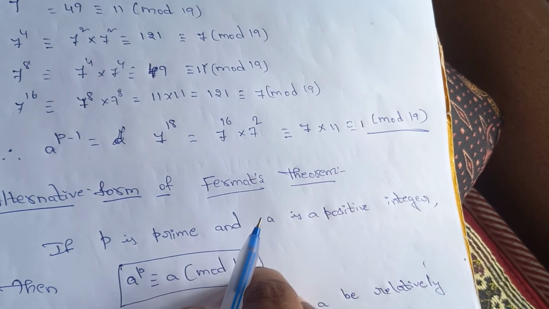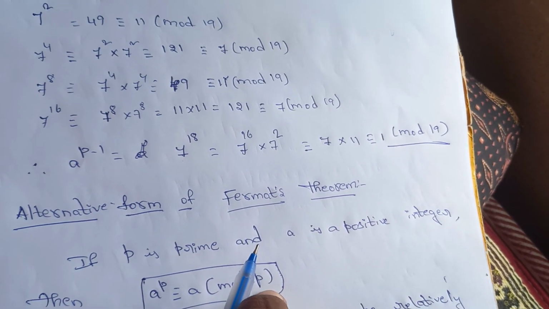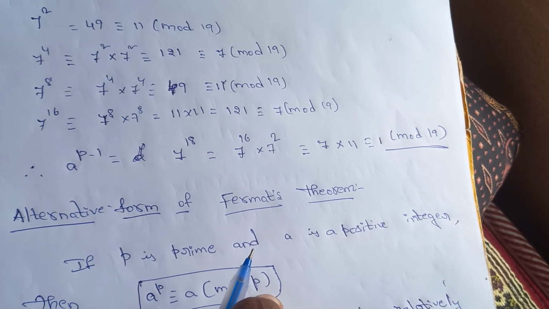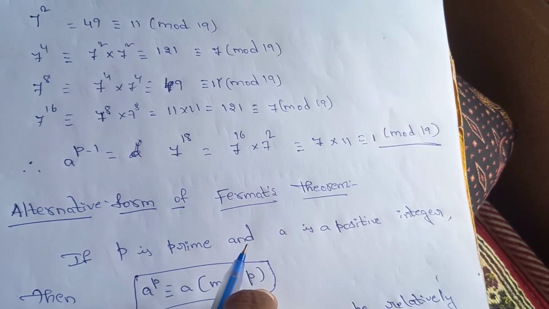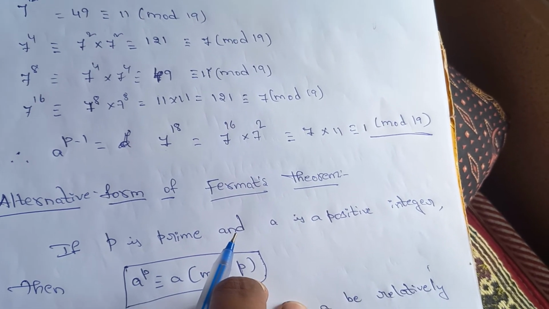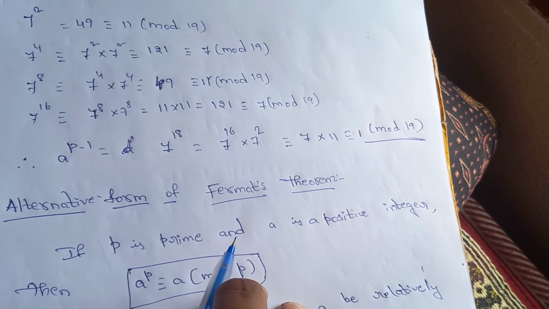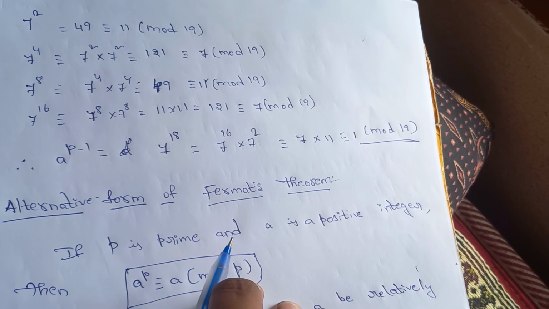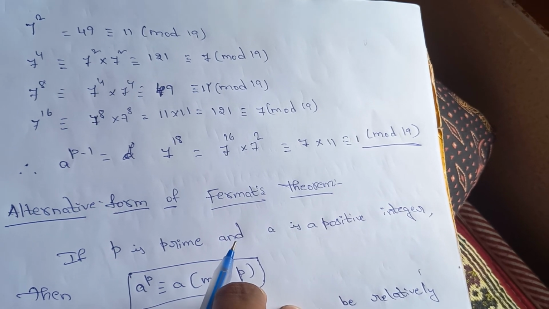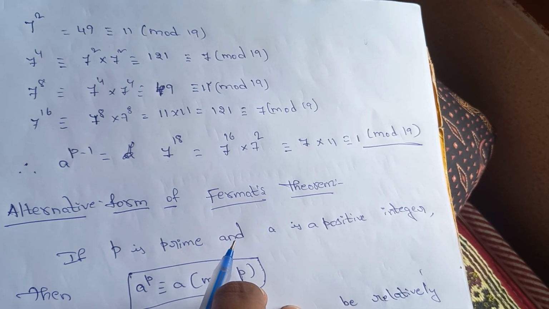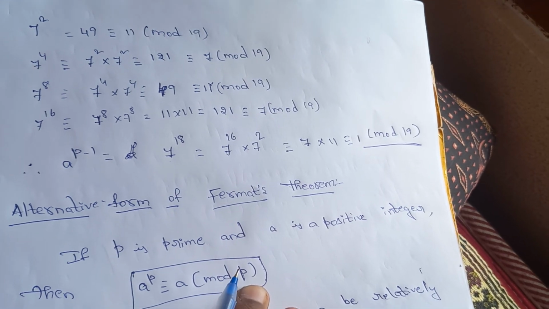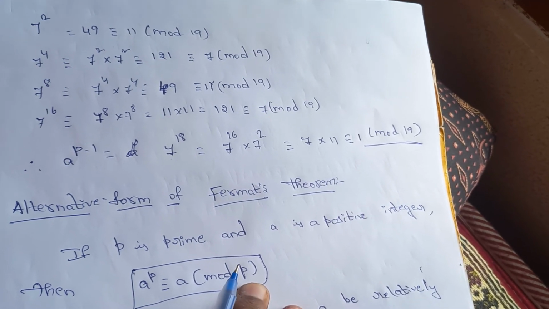So 7 square equals 49, and 49 mod 19 gives remainder 11. The value of 11 mod 19 is also 11 only. So 49 is equivalent to 11.